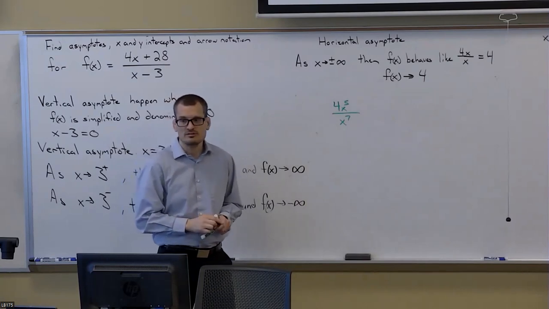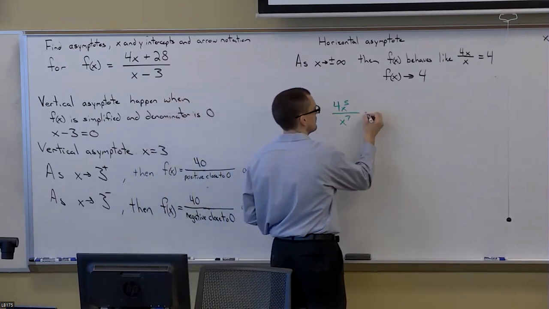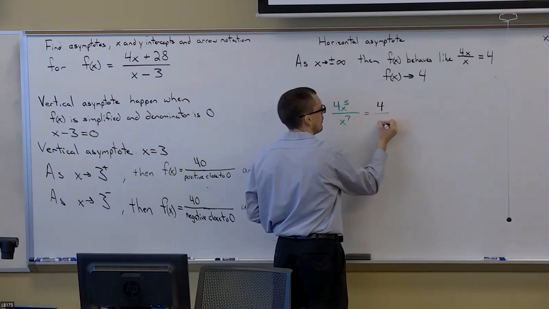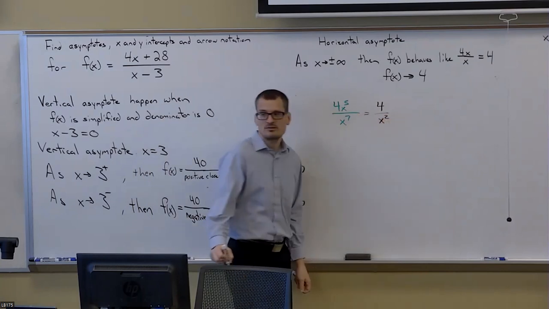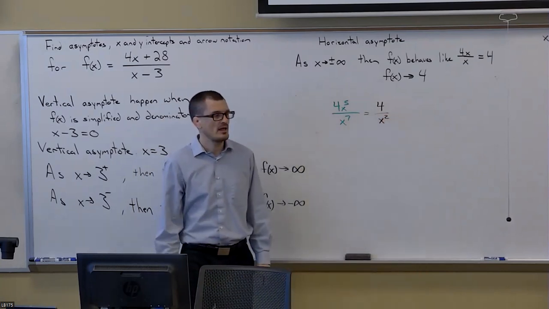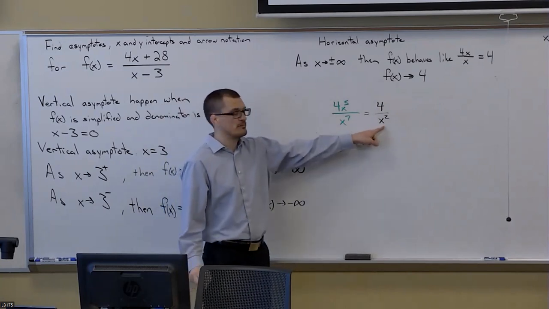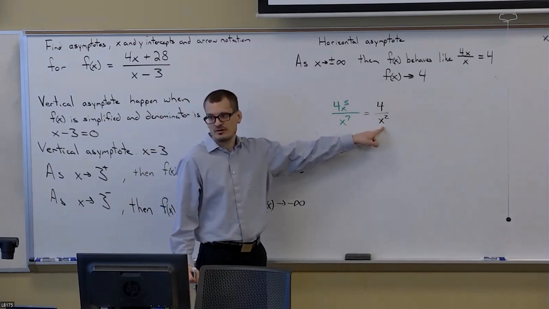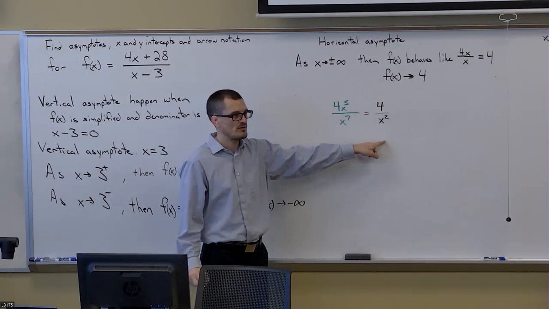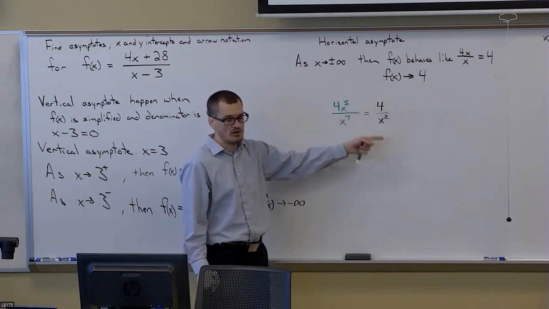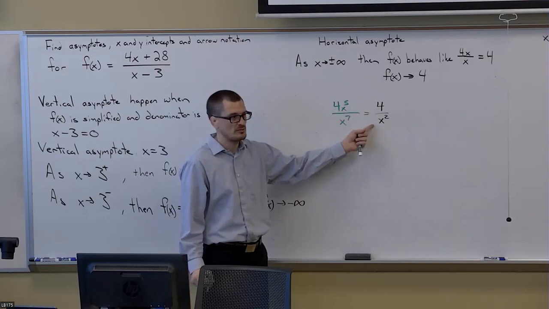How would that reduce? Well, that would reduce like 4 over x squared, right? And as x gets bigger and bigger, what's this do? It goes to 0. Does that make sense? So your horizontal asymptote would be y equals 0.